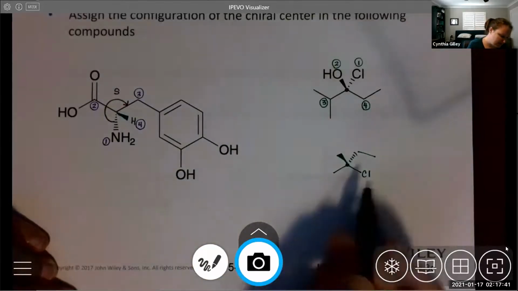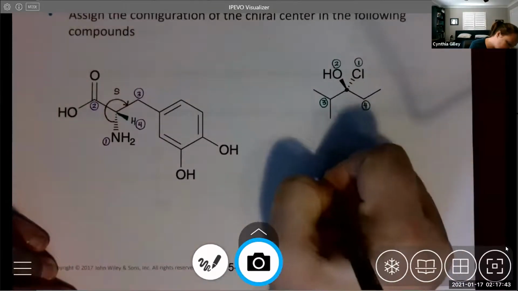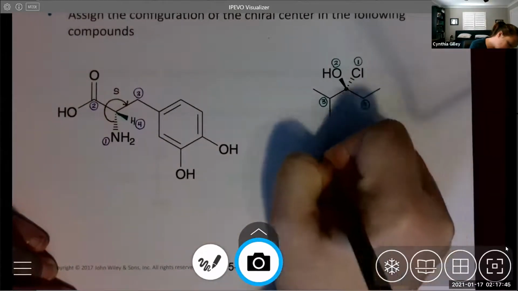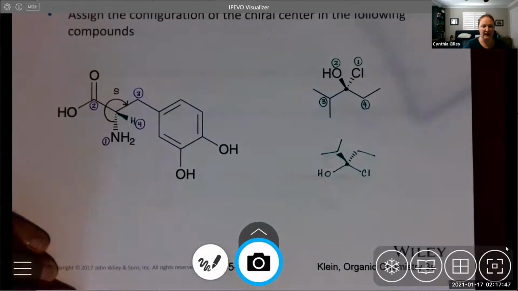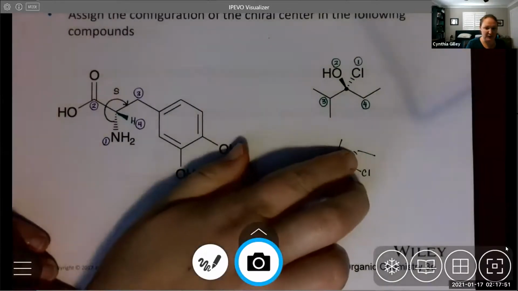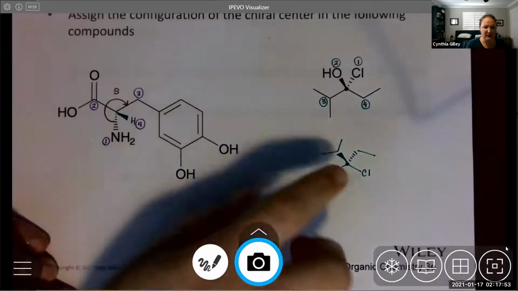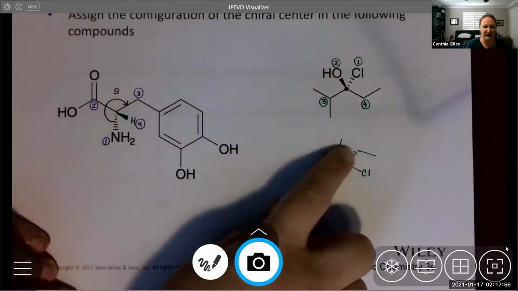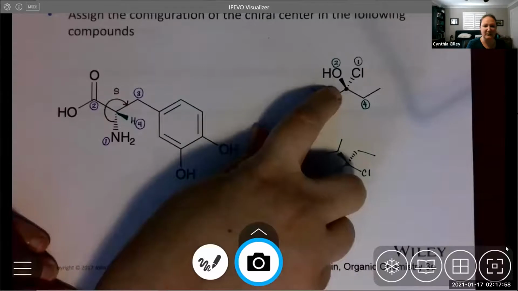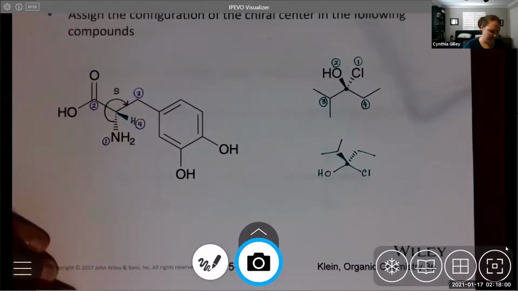So optionally, I can also switch the hydroxyl group and the isopropyl group, right? And now, because I have switched two groups and switched the other two groups, whatever R and S configuration I get here, it will be the same up here, and I won't have to remember to switch it.